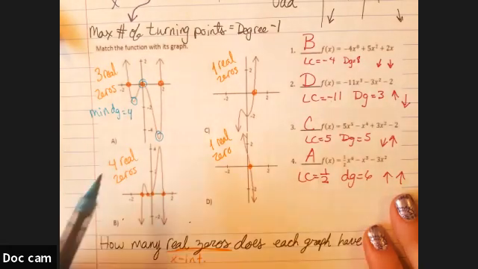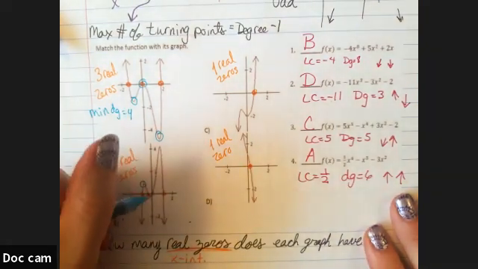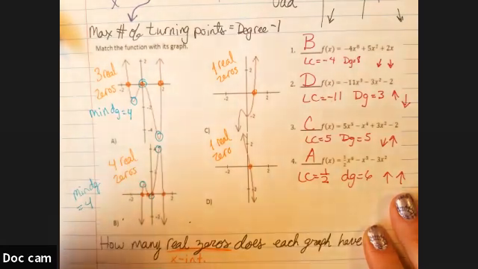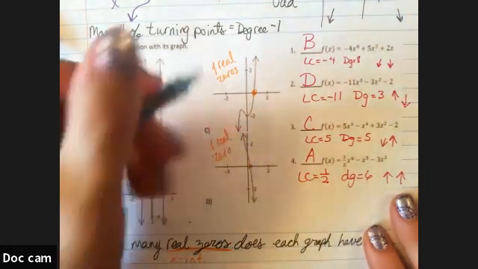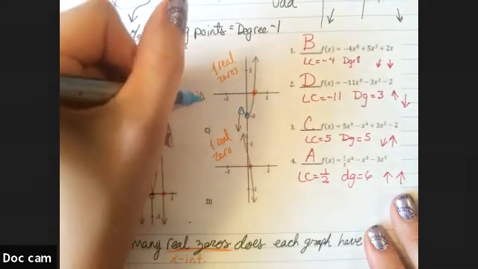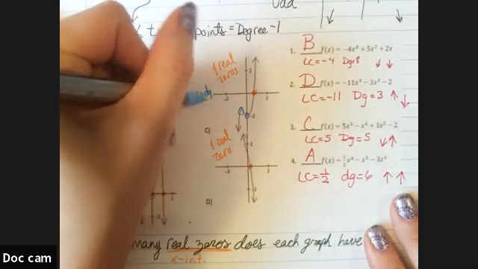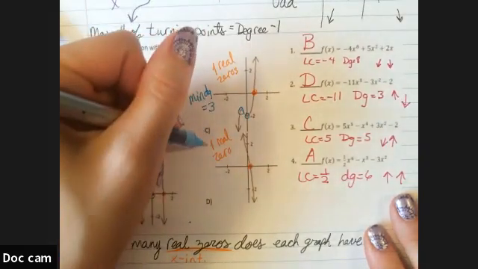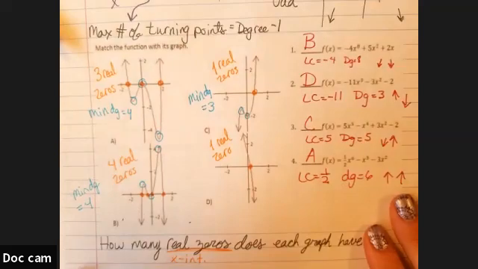And then graph B has 1, 2, 3 turning points, which means the minimum degree is 4. And then graph C has 2 turning points, which means the minimum degree for that is going to be 3. And then graph D has no turning points.